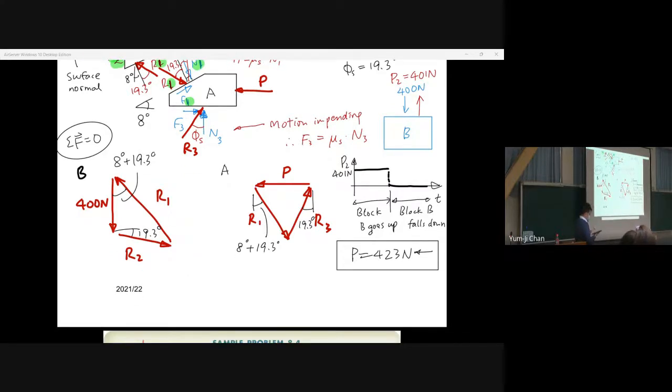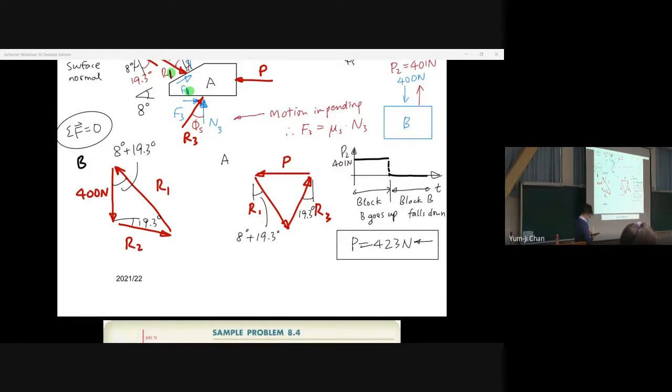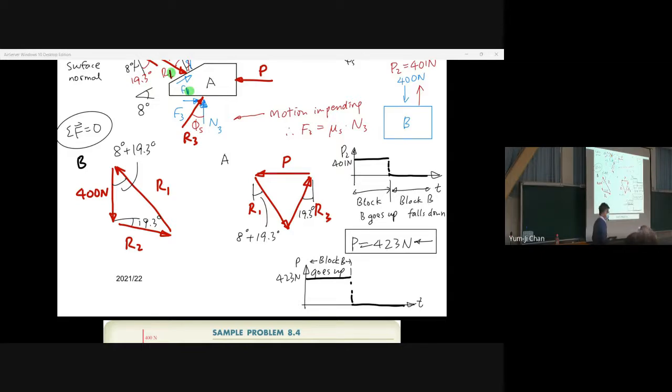But in our case with a wedge, it is different. If we have P, and we have 423 newtons here, and then we remove the force. Block B goes up if P is equal to 423 newtons, it's okay.